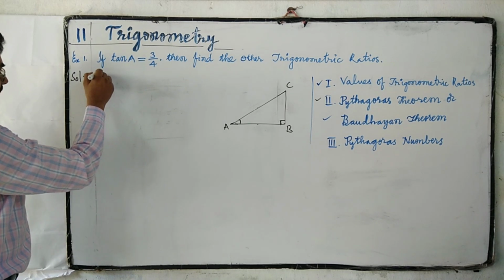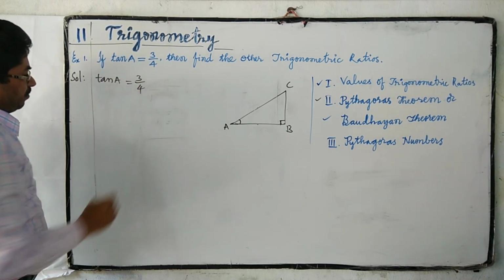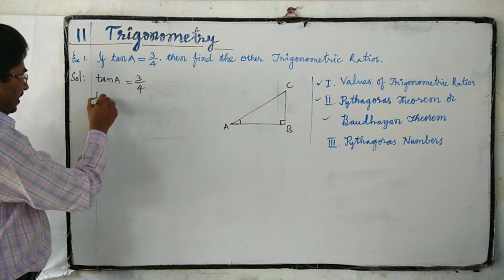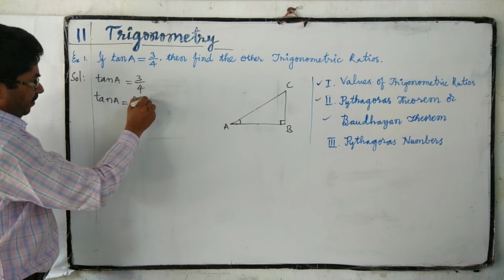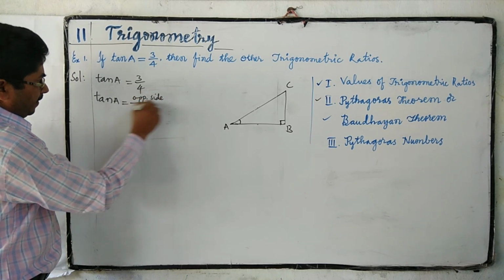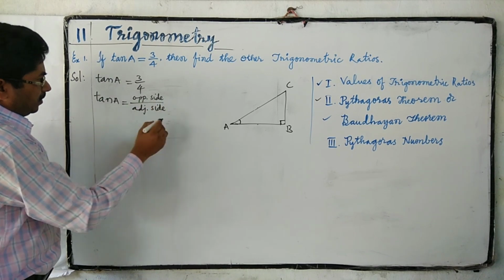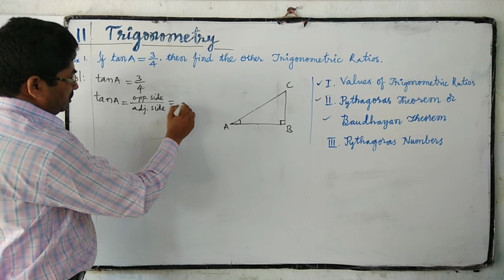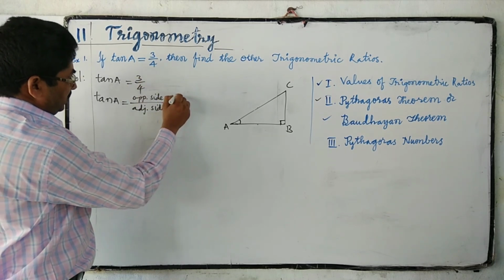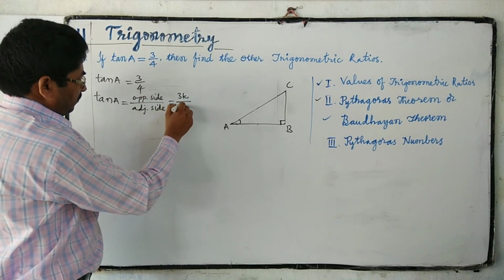What is given here? Tan A is equal to 3 by 4. We know the tan A definition: opposite side by adjacent side. Let us take opposite side 3 by 4, meaning 3k, and adjacent 4k.